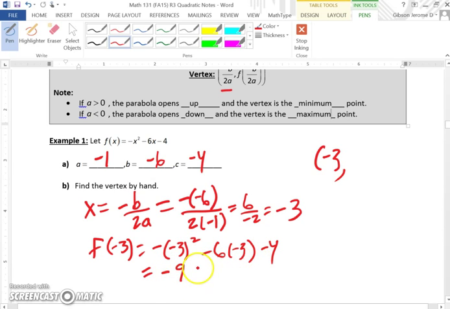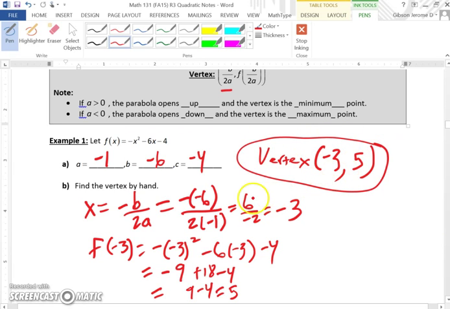Negative 6 times negative 3 is a positive 18, minus 4. Negative 9 plus 18 will give us positive 9, and 9 minus 4 is 5. So our y value would be 5. So our vertex is negative 3, 5. Are there any questions?